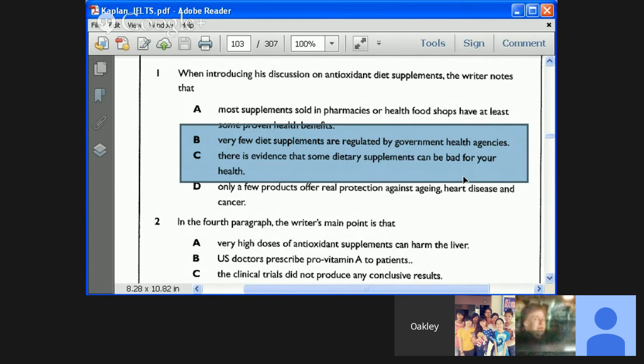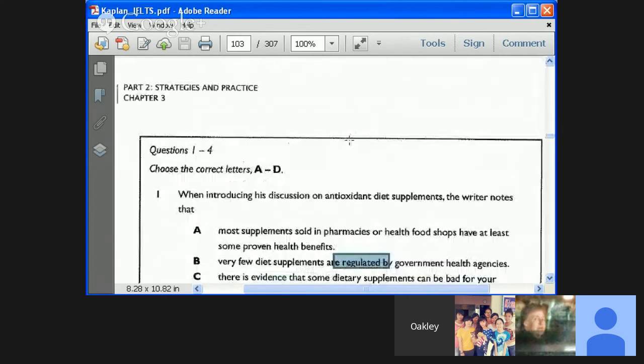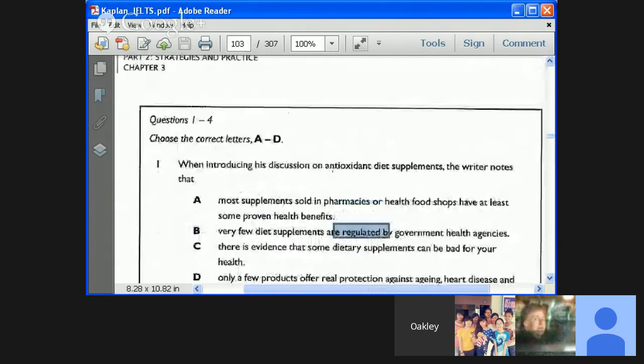How about regulated and government? How about regulated? I agree. This is kind of a weird looking word. It catches the eye. It's easy to look at. Regulated, or maybe government health. I agree. This one's going to be very easy to look up. Okay, what does it say?